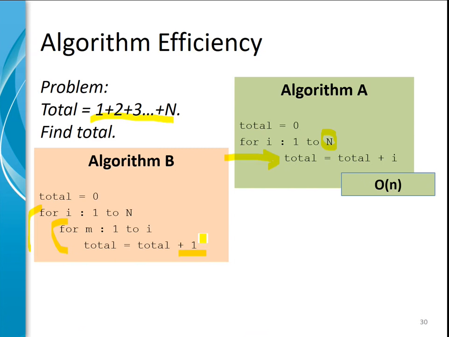However, you can see that the running efficiency is much lower, because it would go through this total equals total plus 1 in a nested for loop.